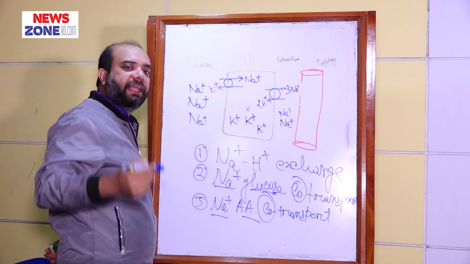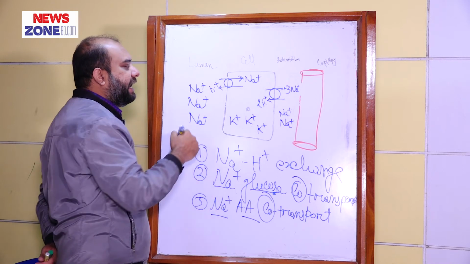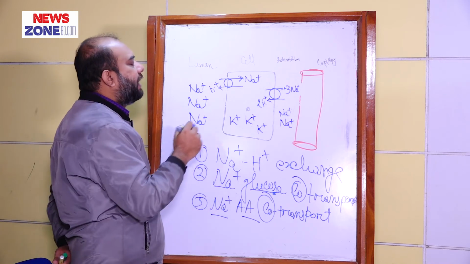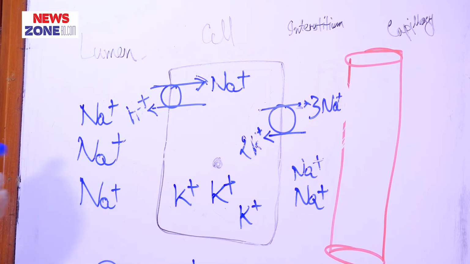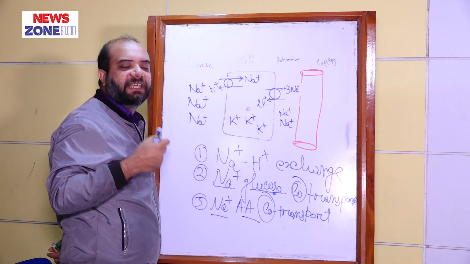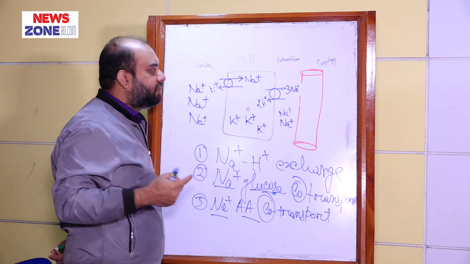So what we get from this diagram, at first sodium ion is reabsorbed from the lumen into the cell in exchange of hydrogen ion. It is a variety of secondary active transport, that is counter transport.